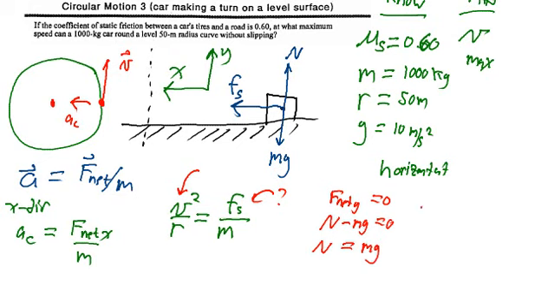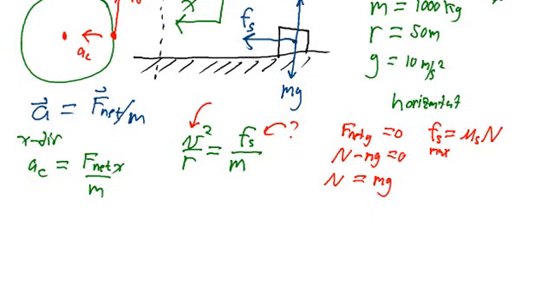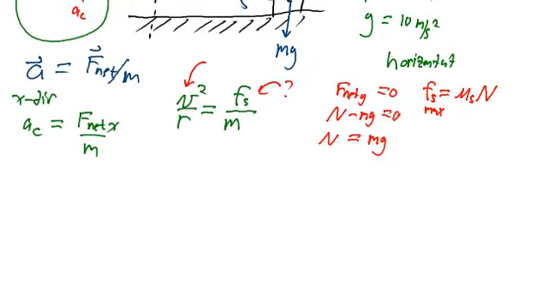And recalling that the maximum value of the static friction is the coefficient of friction times the normal force, we can put all these pieces together in order to come up with the relationship for the speed.